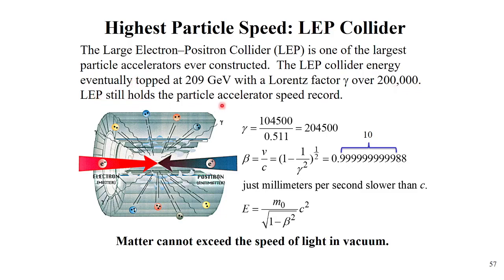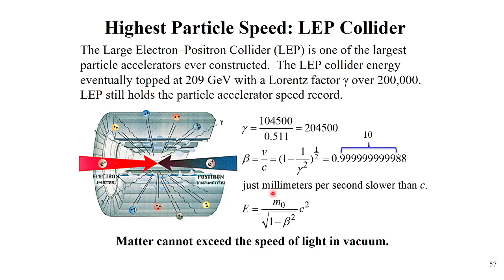LEP still holds the particle accelerator speed record. So gamma is that large, and beta is about this value. Very, very high, very, very close to 1.